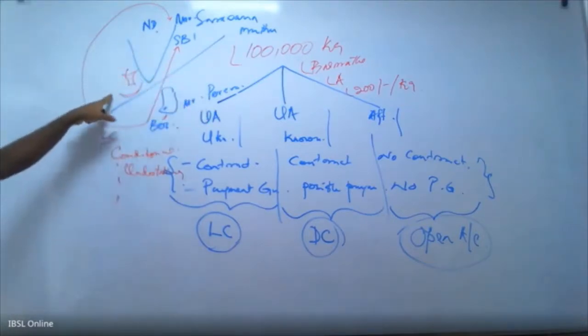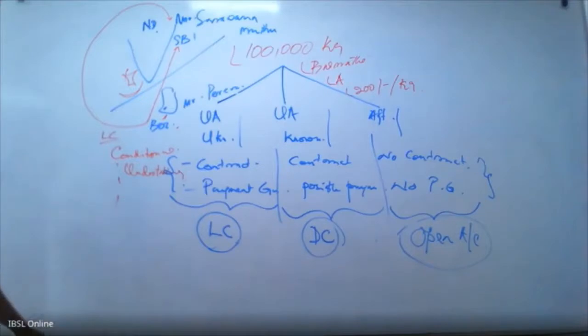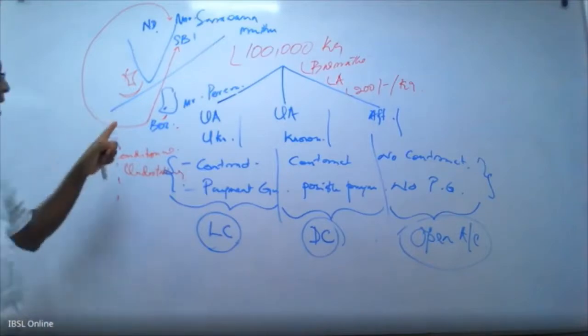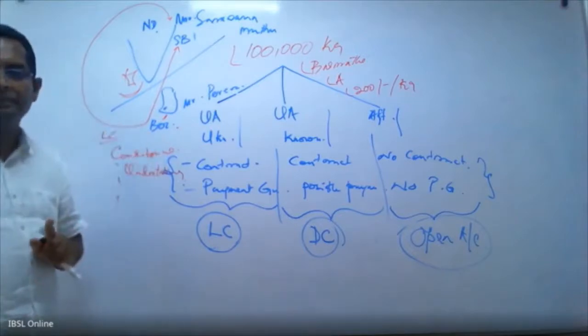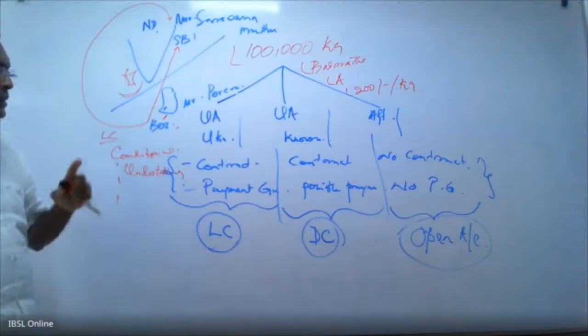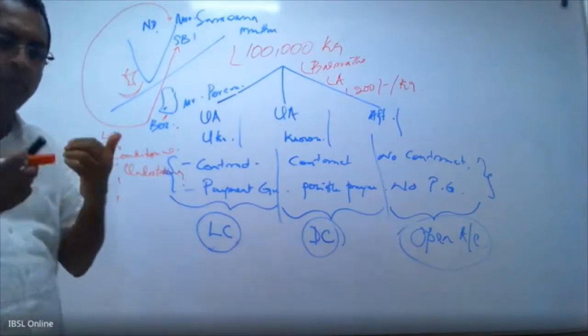You ship the goods to Colombo and provide us the following documents. If the documents are in order, Bank of Ceylon is ready to pay. Right? That is the letter of credit for importation.